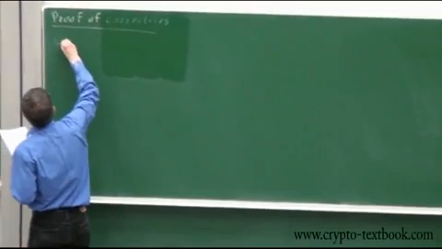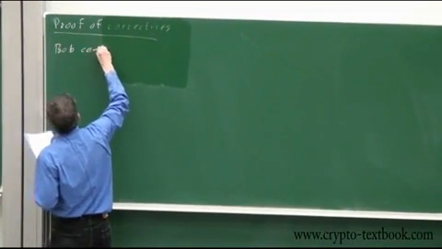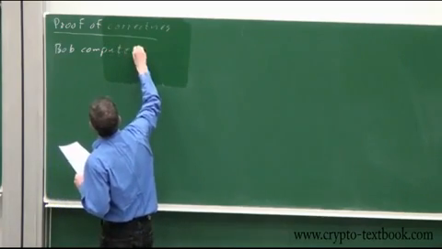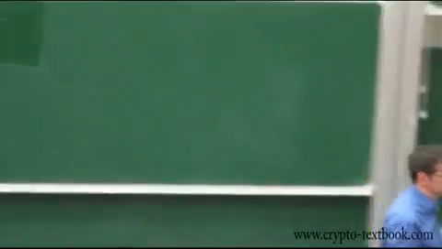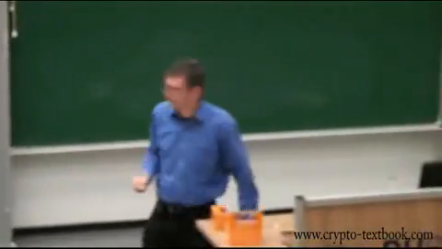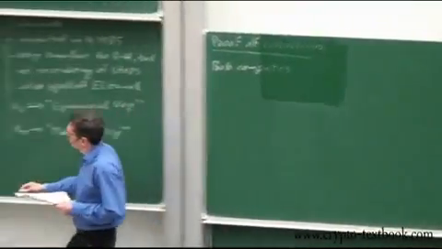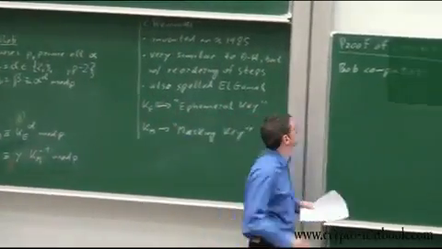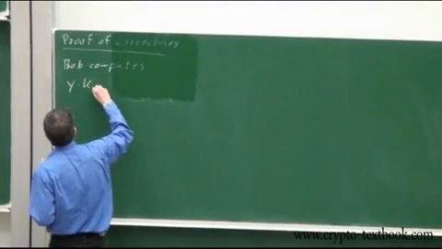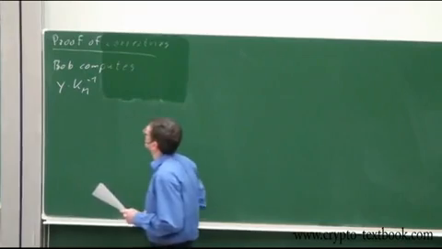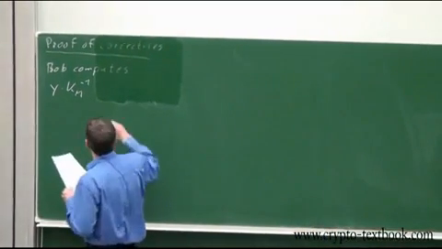That means Bob computes, and we just look at this very last equation here: y times the inverse of the masking key.